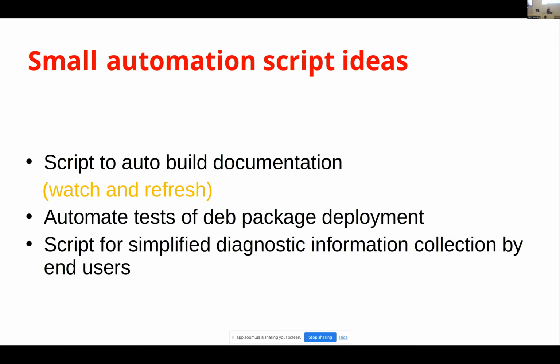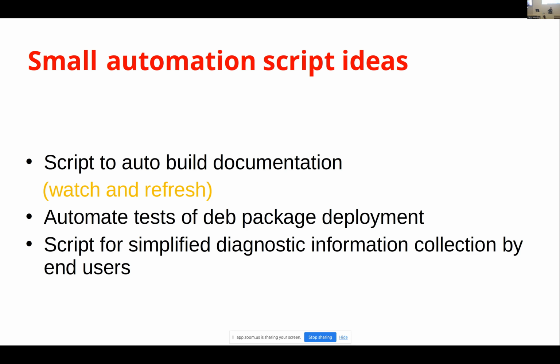And about small automations, there can be a lot of different small things that you can adjust daily that will increase your productivity. For example, we have a watch and refresh script in some of our documentation repositories.